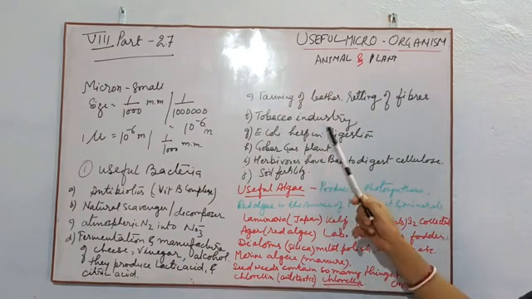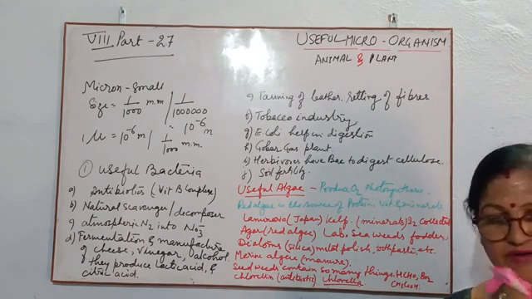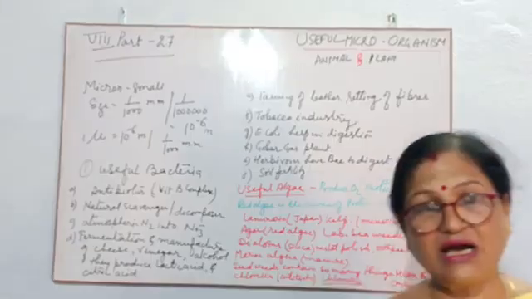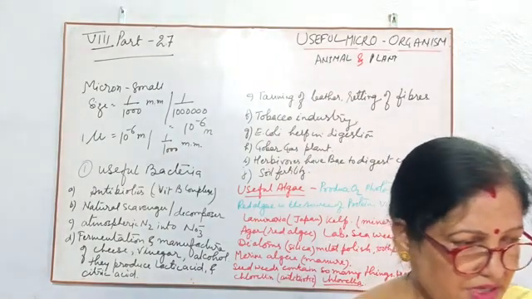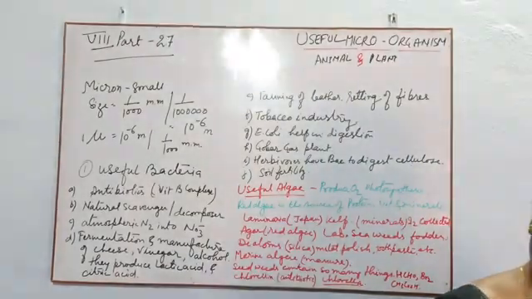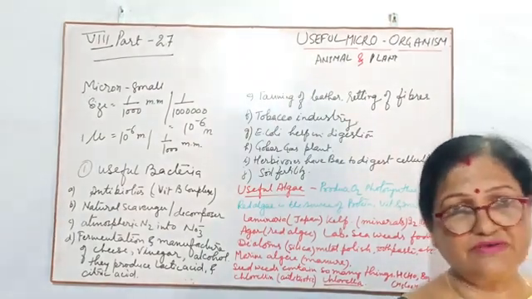Next one, tobacco industry. Children, I think all of you know Gopal, Jarda and whatever other names of such things. Next is tea also. Darjeeling tea, Assam tea, whatever.